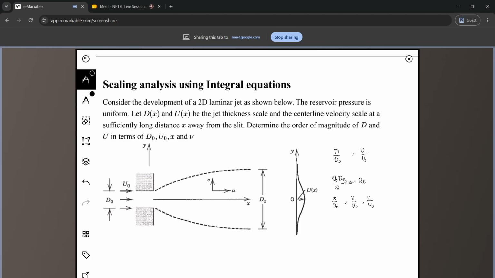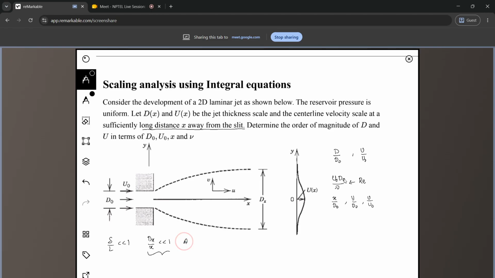So we'll start from the Navier-Stokes equation, and I'm already making the simplification that we are sufficiently far away from the slit, which essentially means that the diameter of the jet here is much smaller compared to the length from the nozzle. Just like in boundary layer theory where we used delta by L is very much less than 1, similarly here d x by x is very much less than 1. This is the first assumption that we are making.